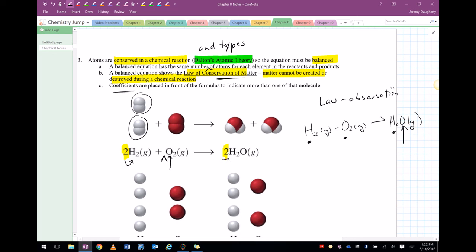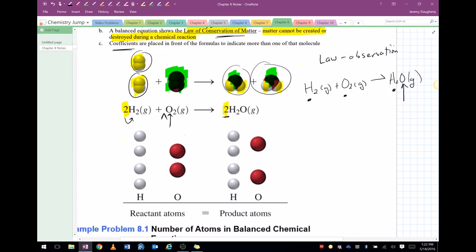But here we have a 2 in front of the water, so there's 1, 2. And so now if you look, we have 4 hydrogens. 1, 2, 3, 4 hydrogens. And then we have 2 oxygens. 1, 2 oxygens. So we have the same number and types of atoms on each side. And so that's a balanced chemical equation.